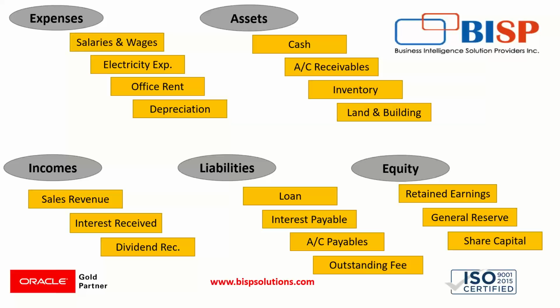The last account type is equity, under which retained earnings, general reserve, and equity share capital come. So these are the accounts that are taken into consideration while preparing or while having the view of the chart of accounts.